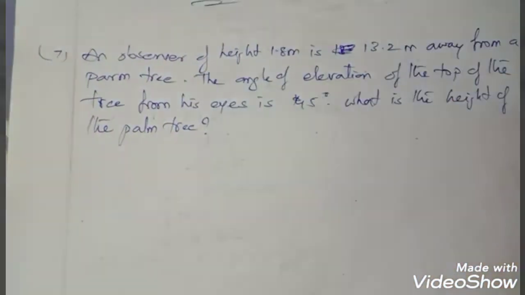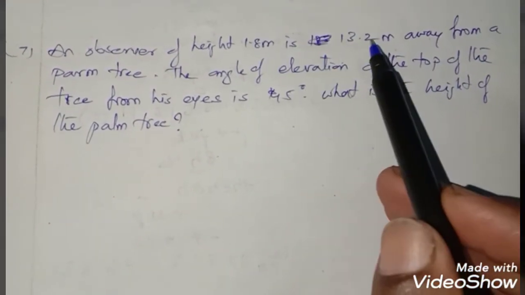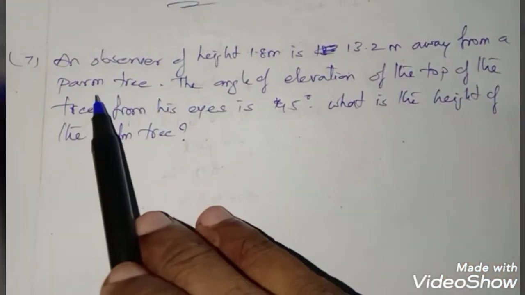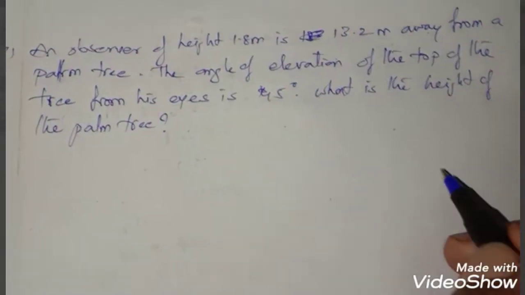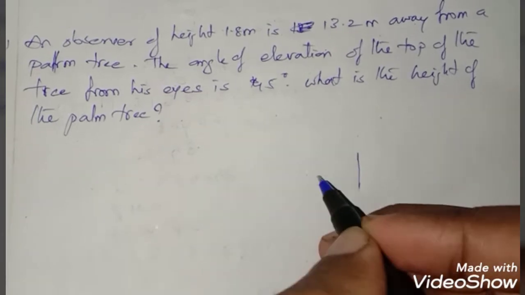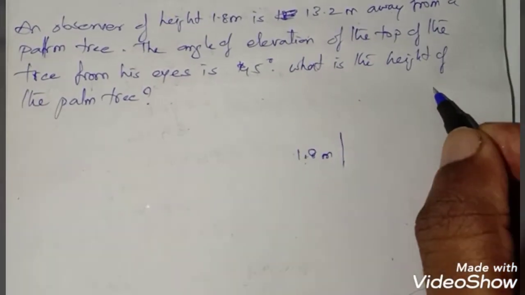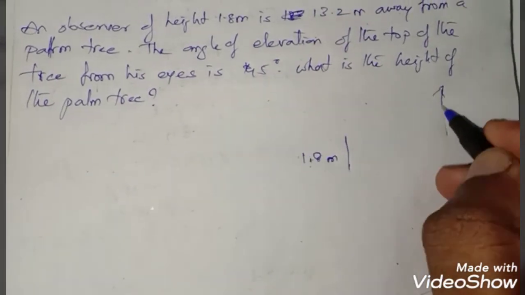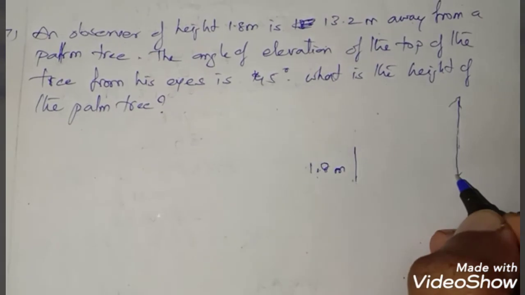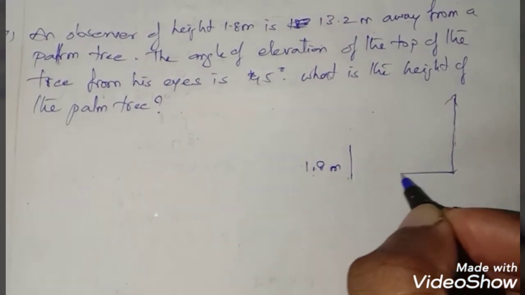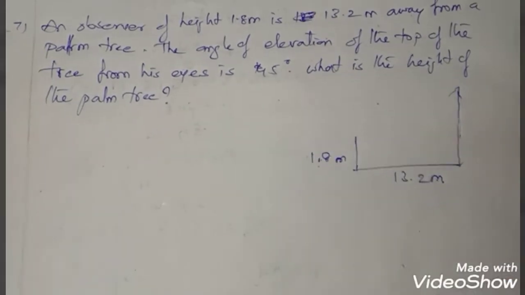Okay, coming to the next question: an observer of height 1.8 meters is 13.2 meters away from a palm tree. So here you have an observer whose height is given as 1.8 meters, and opposite you have a palm tree. The observer stands 13.2 meters away from the palm tree, right?